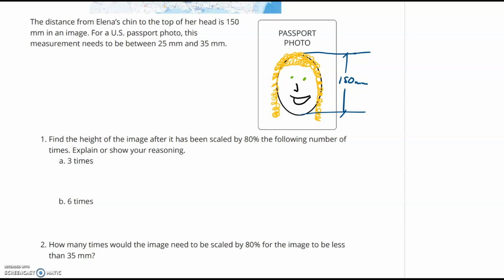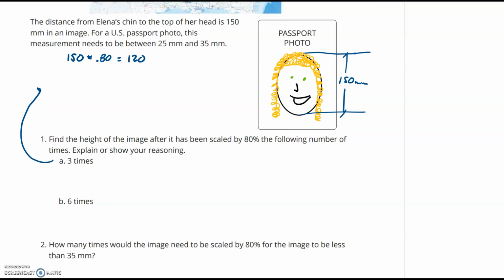So let's take part A here, and I will do that up here in this space. We're starting with an image that is 150 millimeters tall. Now, I need to decrease that by 80%, so I need to multiply that by 0.80, and when I do that, 150 times 0.80 on a calculator is 120.